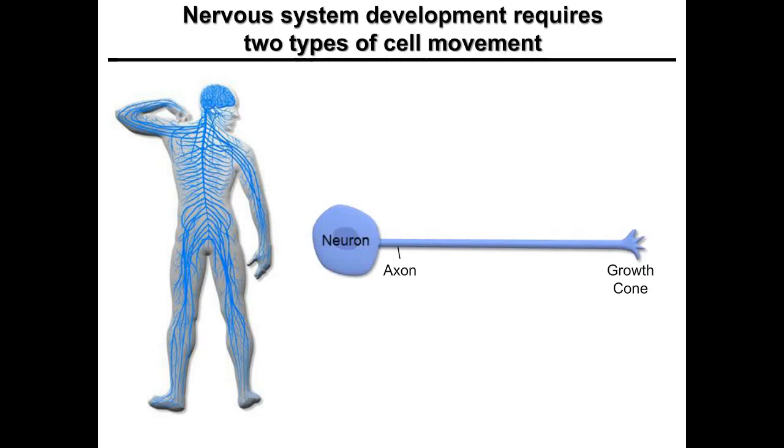Now, in forming these connections, the primary player in this process is the growth cone. This is the hand-like dynamic structure at the tip of the growing axon. It's the growth cone's job to find its targets, and my lab focuses on how it moves in the right direction and how cells move in the right direction.